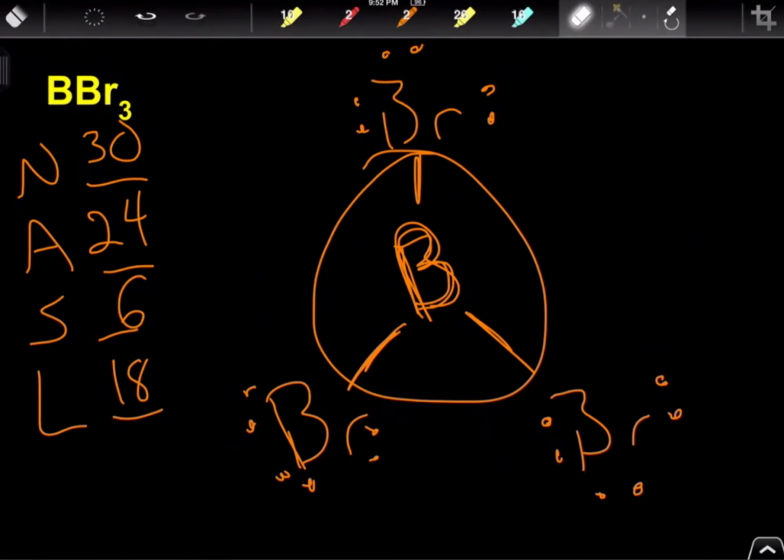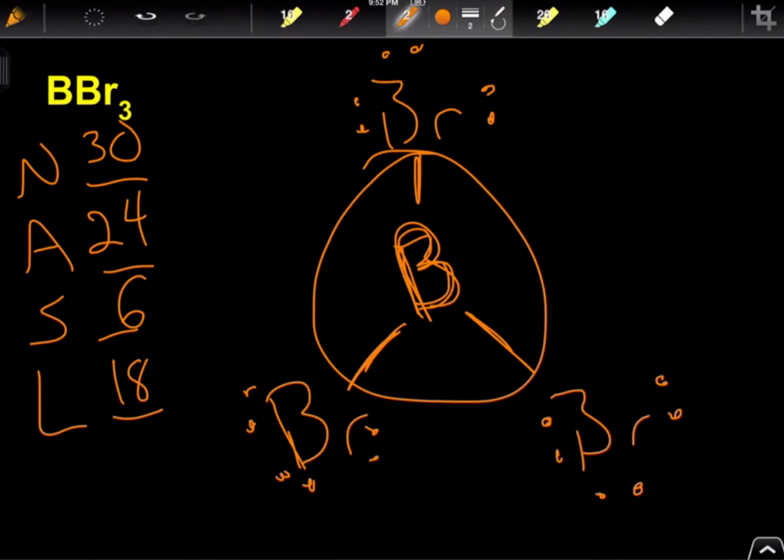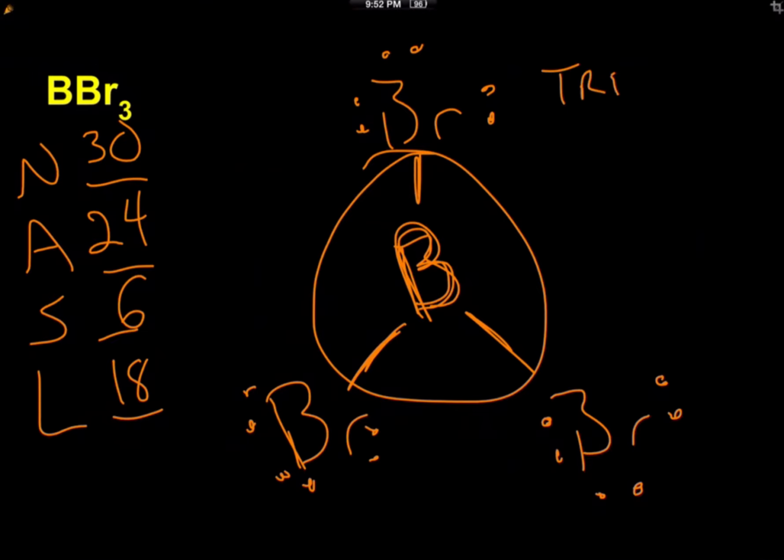But in this case, it's just 3 bonds, 3 electron domains or areas of density, no lone pairs. That shape is called trigonal planar. It is a flat triangle.